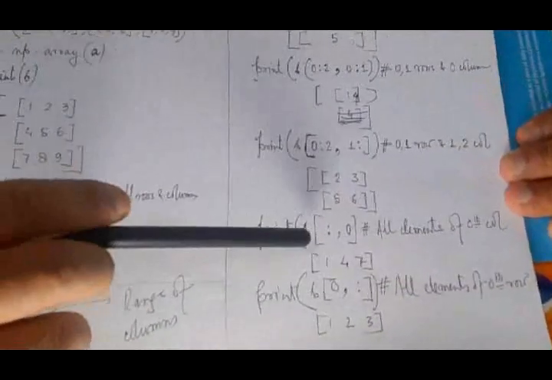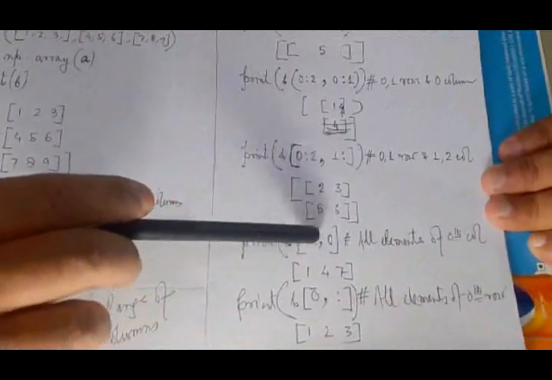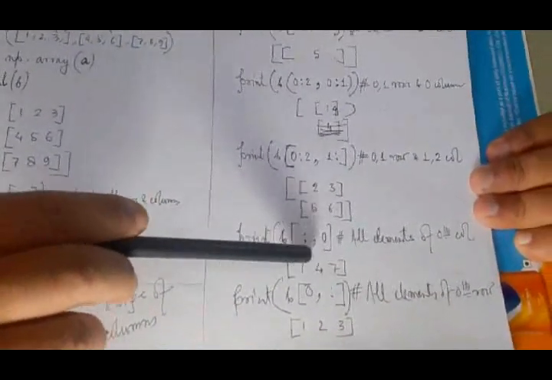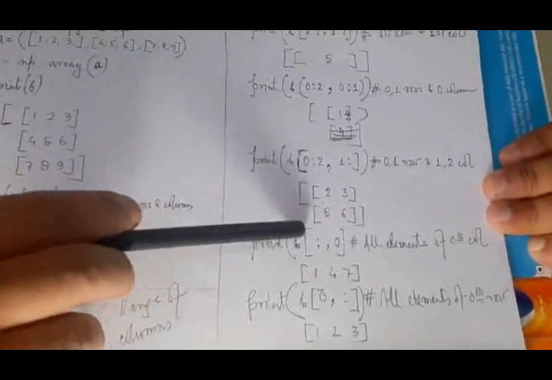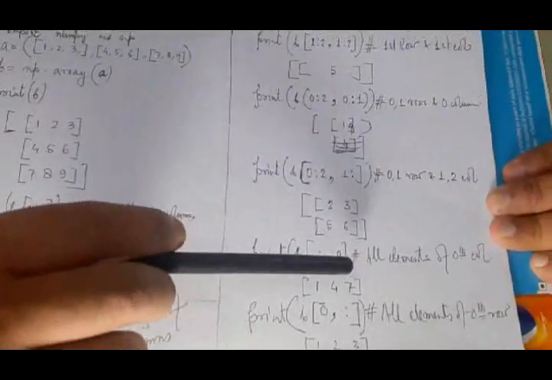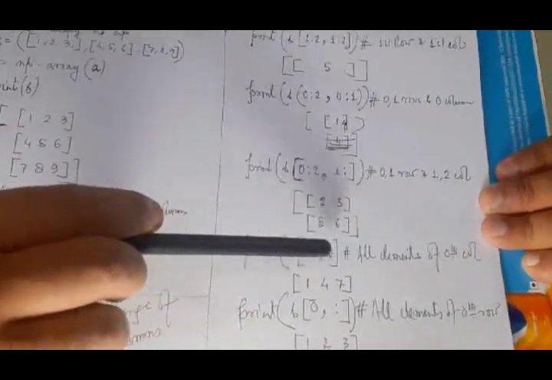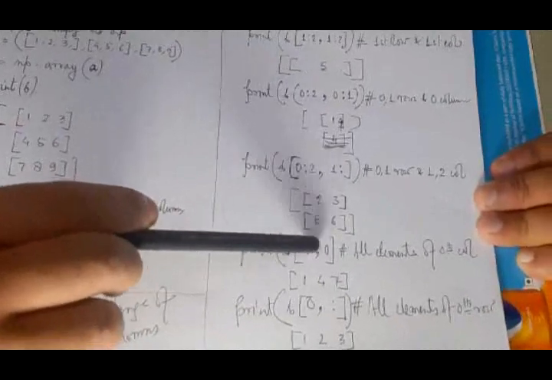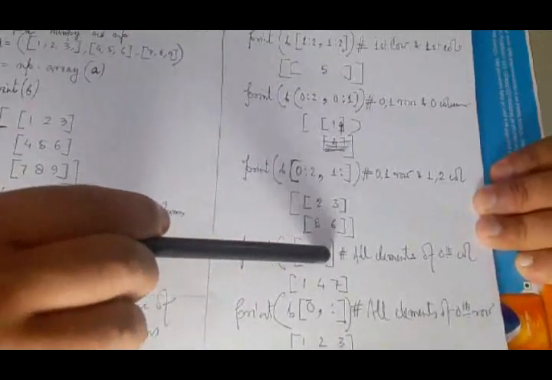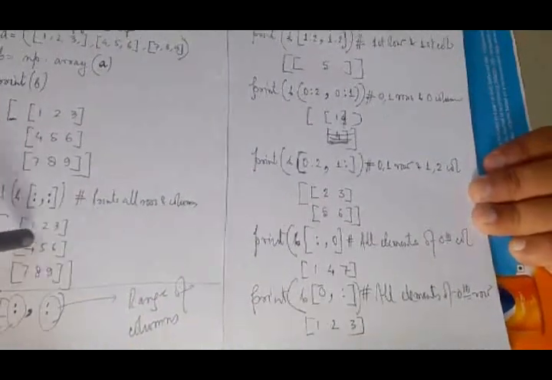Next, print B[:, 0]. It takes all the rows, and there is no range for columns, so only the 0th column. Colon means all rows in the range, and the 0th column.